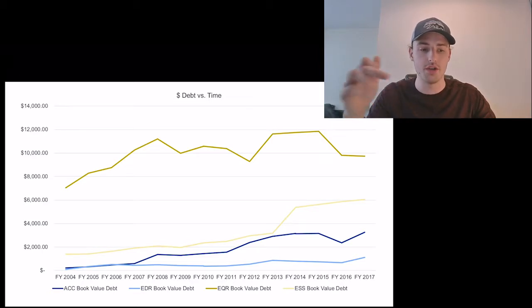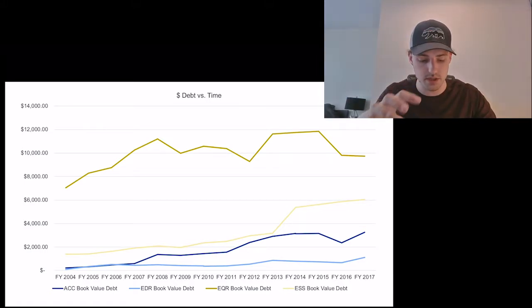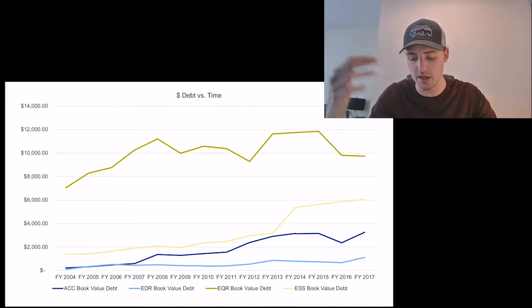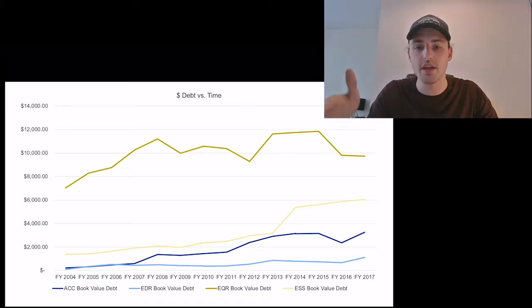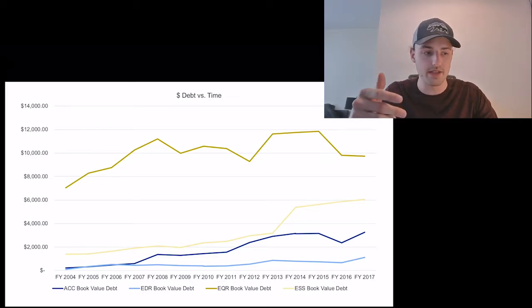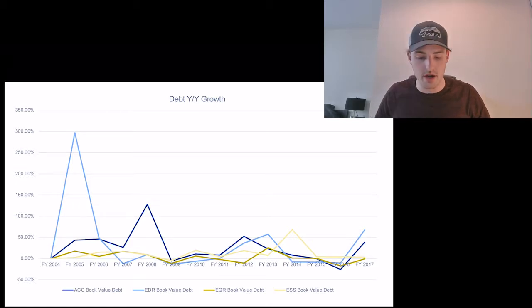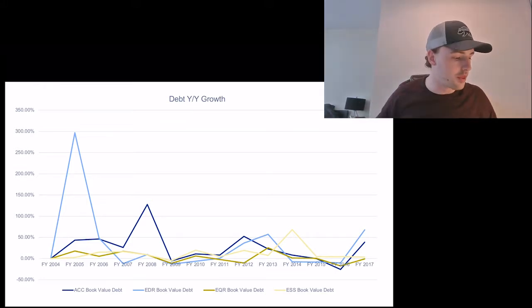The graph expresses the dollar amounts of debt held by each of the firms, but the graph itself, once again, because EQR just happens to be a larger firm, is skewing the information based on the axis. So instead, this next graph is a much better indicator, where I've normalized things into year-over-year growth.